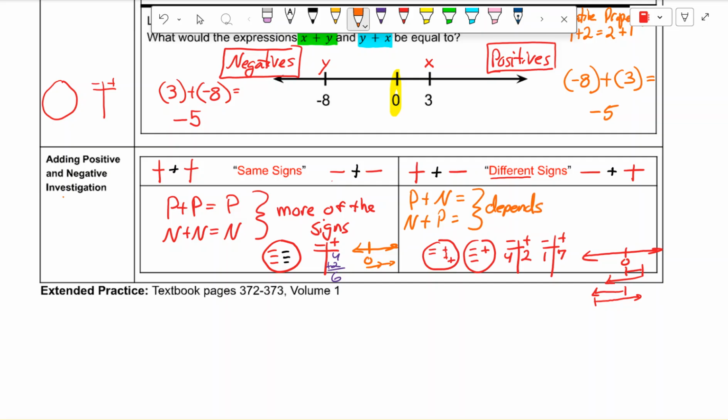It depends on who has more signs. Who has more signs? And then once you know that, you're going to be subtracting that one negative with that one positive, or subtracting these two negatives with these two positives.